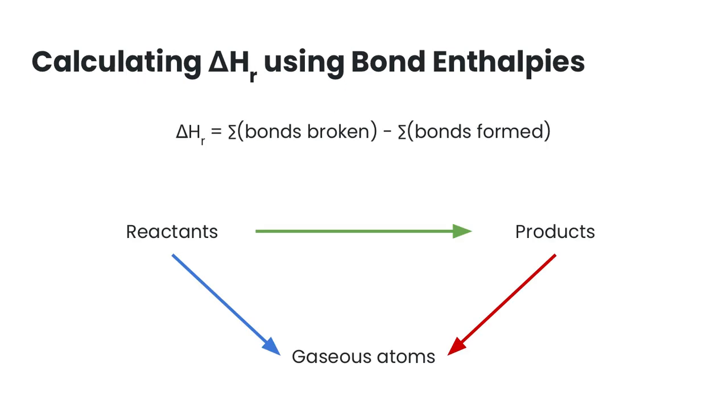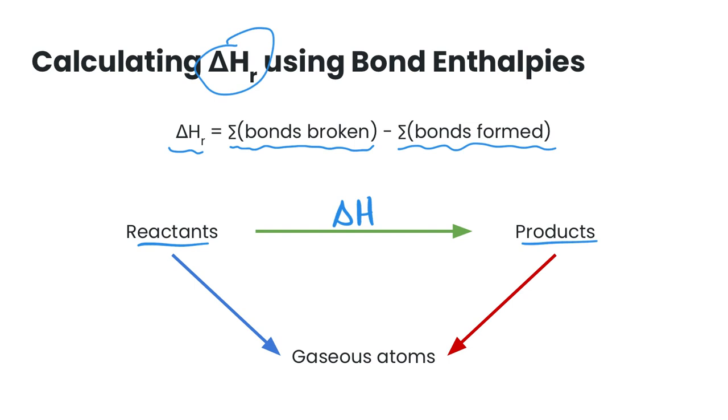That being said, you can calculate the delta H of a reaction using bond enthalpies. The way you would do that is take the sum of the enthalpies of all the bonds broken, minus the sum of the enthalpies of all the bonds formed. If we were taking a reaction from reactants to products and wanted to find the delta H of reaction, we'd take our indirect route, going from reactants to gaseous atoms.